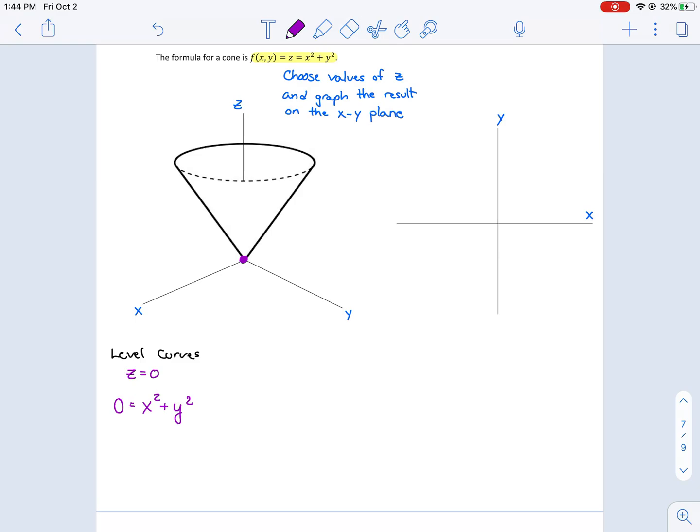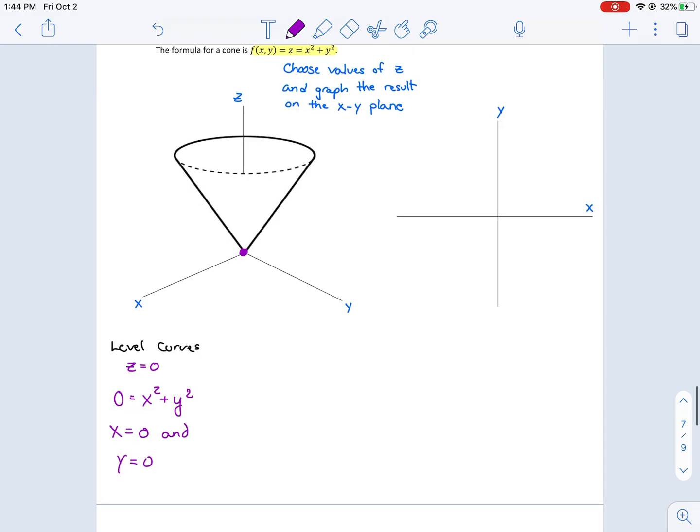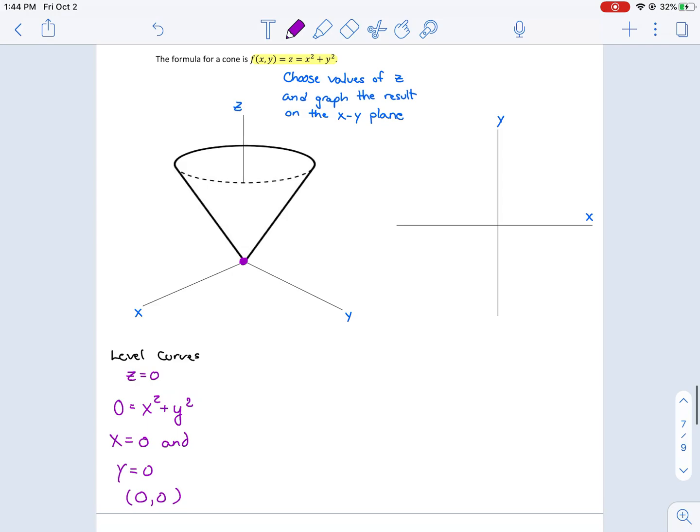So if x squared plus y squared is equal to 0, it follows that x is equal to 0 and y is equal to 0. So that is the coordinate 0, 0. So in the xy plane, I'm going to put a coordinate at the origin. And that is the first level curve.